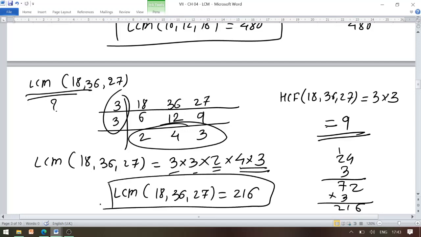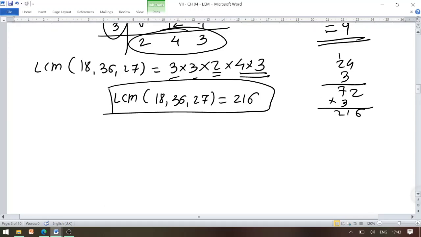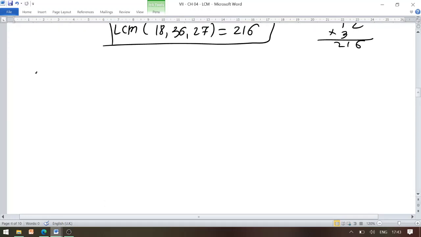So note down one thing. Suppose now we have to evaluate the LCM of, let it be, 12 and 7.